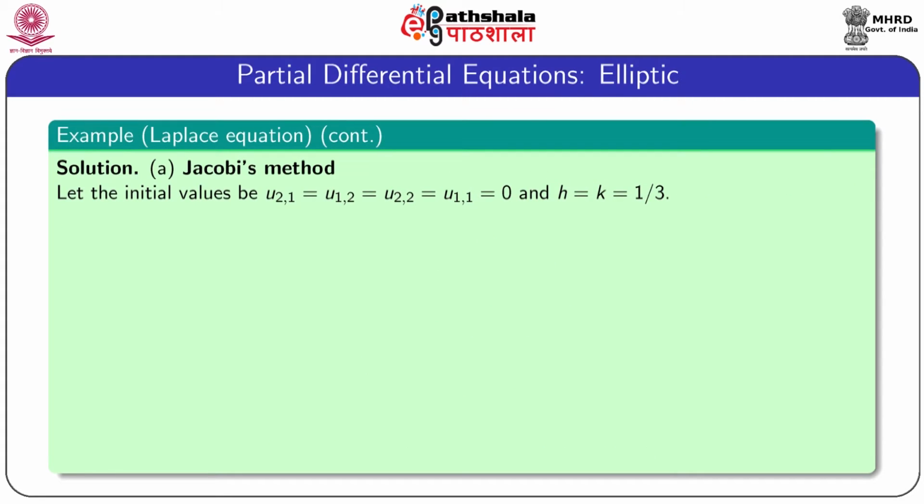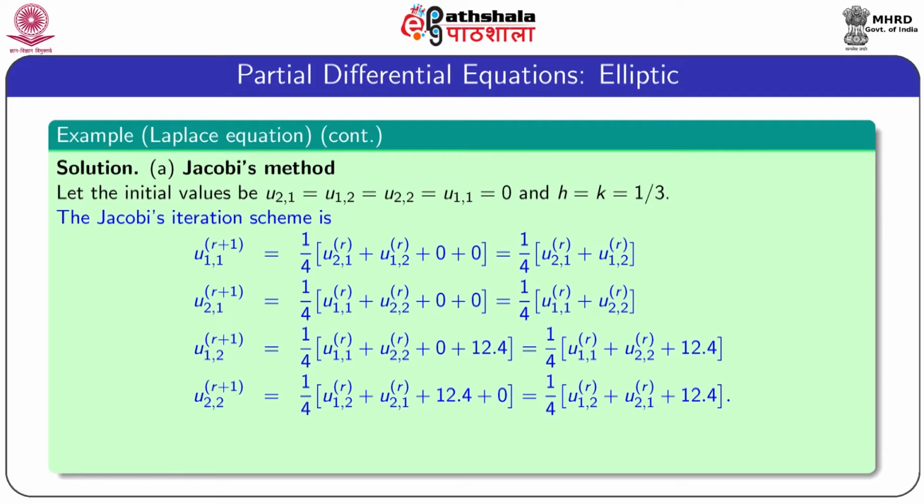First we solve this equation by Jacobi's method. In this case, we assume that all the initial values of u are 0, but these initial values can also be determined by the standard 5-point formula or diagonal 5-point formula. We also assume that h equal to k equal to 1/3.